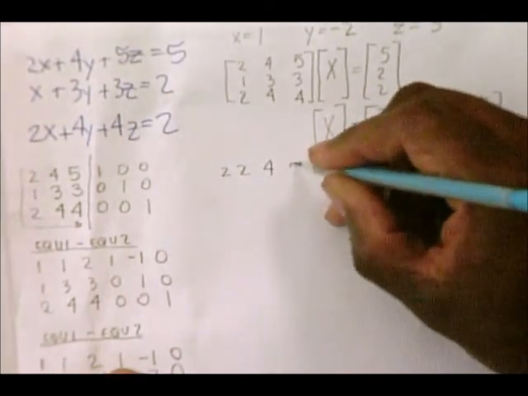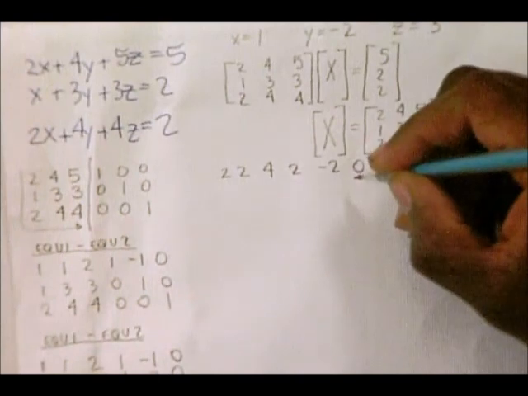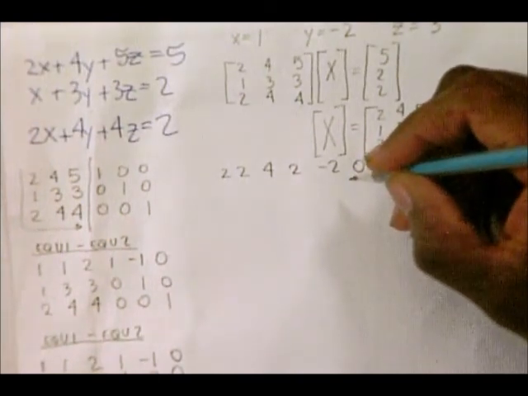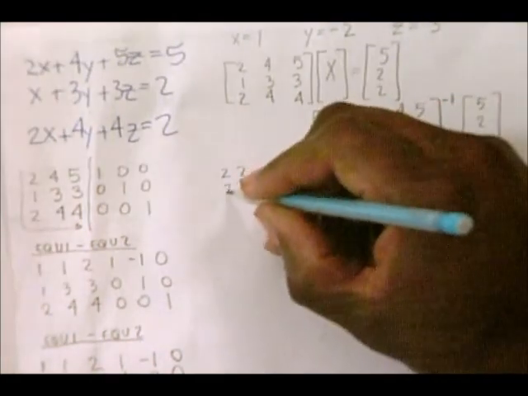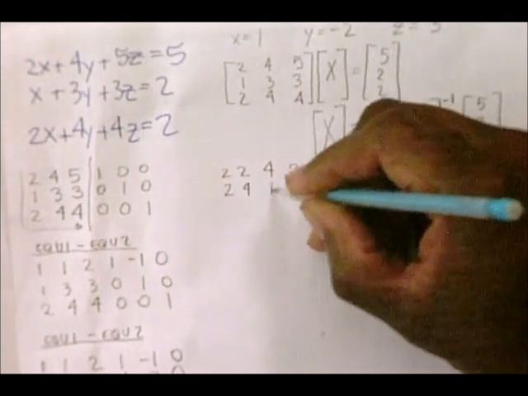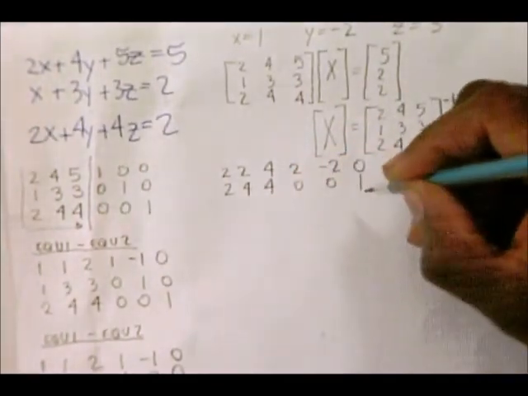Multiply this by 2, you get 2, negative 2, and 0. And I'm going to subtract this. I'm writing equation 3. I guess maybe to be more accurate, I probably should say row 3. But I think you understand what I'm saying. 2, 4, 4, 0, 0, 1.